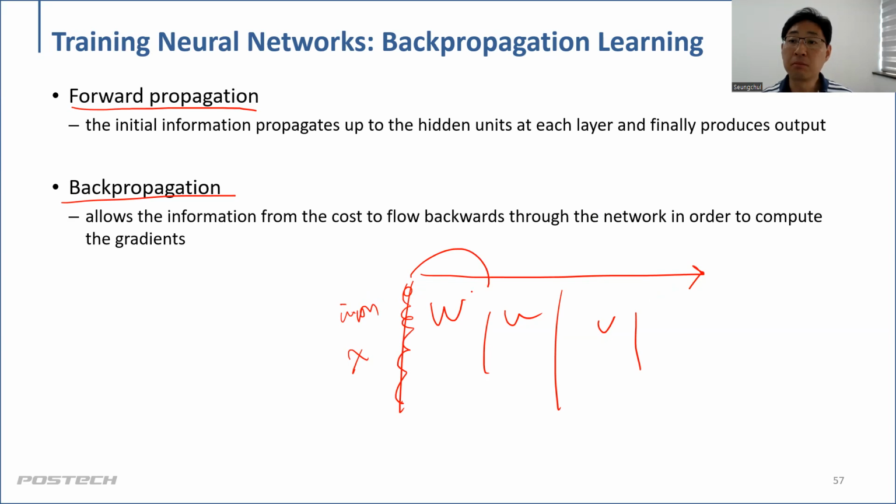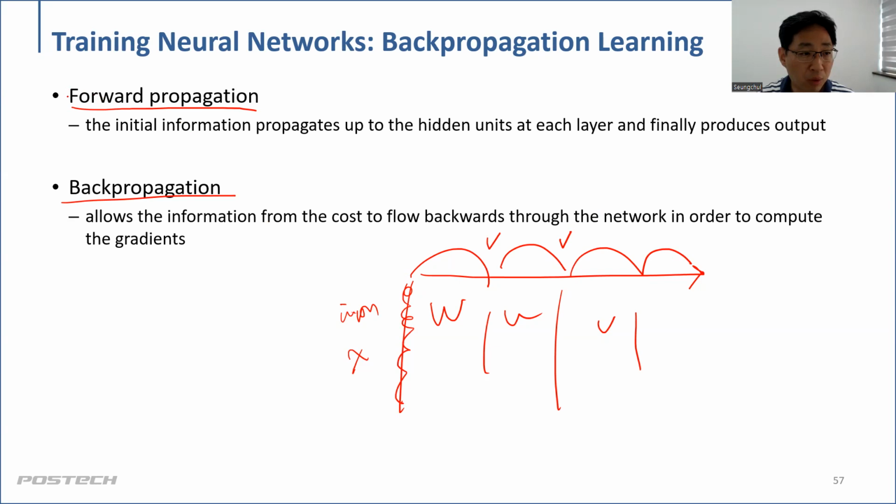There are matrix multiplications, and at each neuron, if it's a sigmoid nonlinear activation function, we just have the nonlinear mapping. We repeat matrix multiplications and nonlinear functions going through, because we have multiple layers.